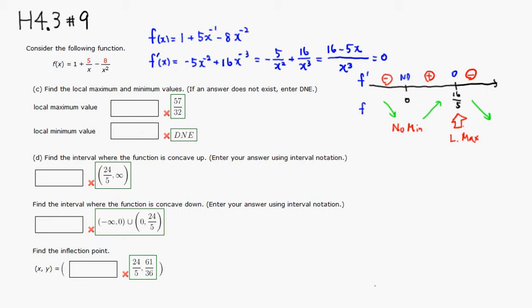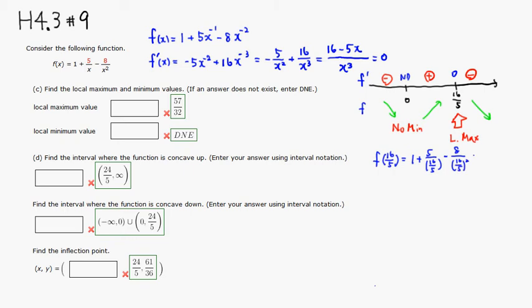So the local maximum value, we plug 16 over 5 into the function. You have 1 plus 5 over 16 over 5, and minus 8 over 16 over 5 squared.